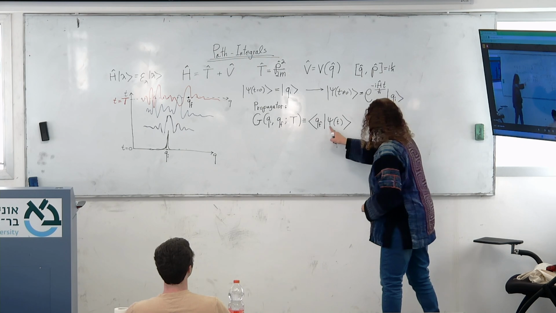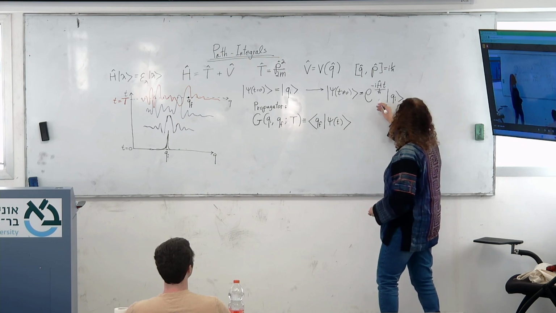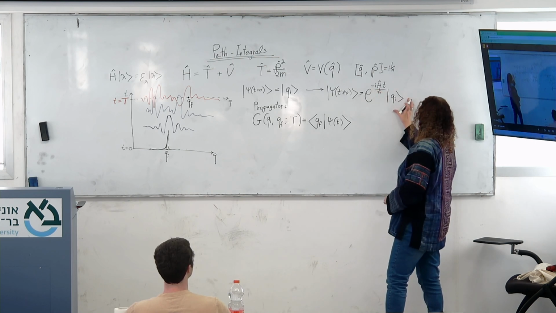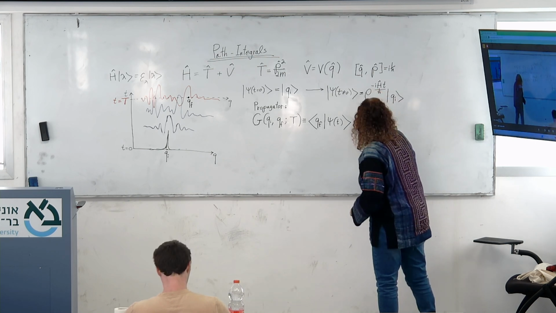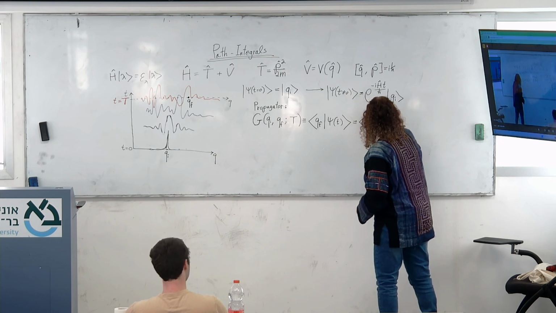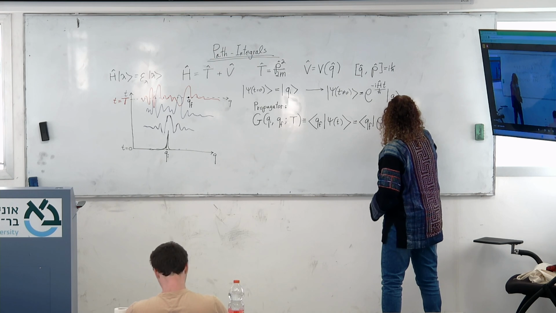But now, keeping in mind that psi of t is the time evolution operator acting on qi, I can basically rewrite it as a matrix element of an operator.